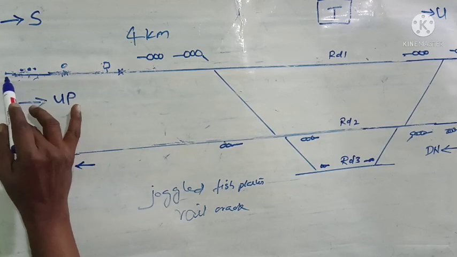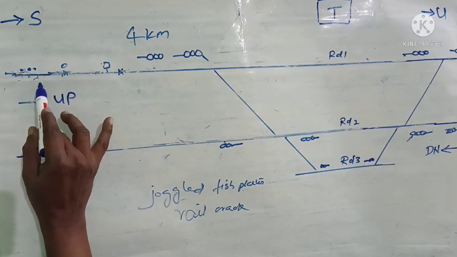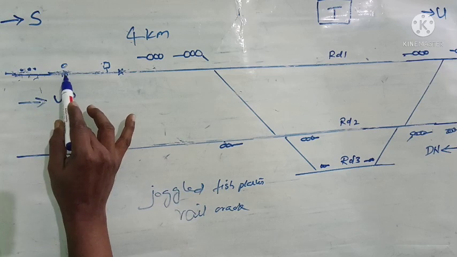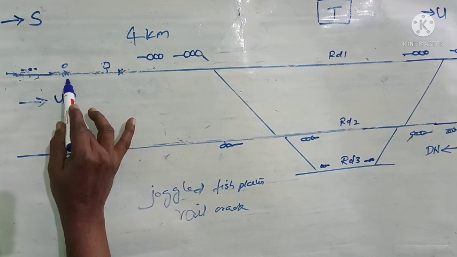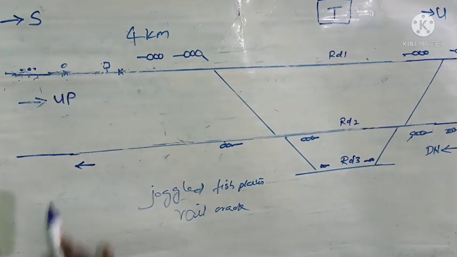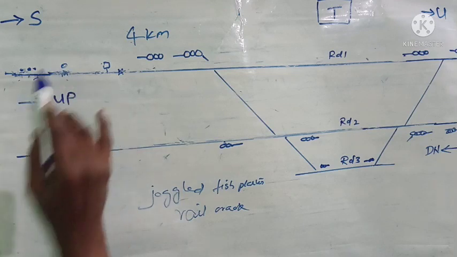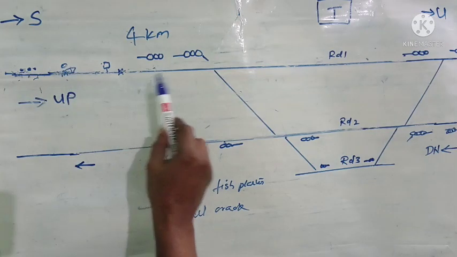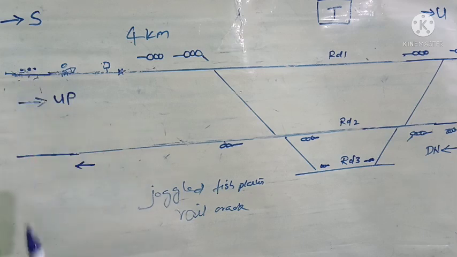Our train has moved over these 3 detonators and then also gone over this single detonator, then it has stopped. After attending this failure, the keyman will come to the loco pilot with a memo.